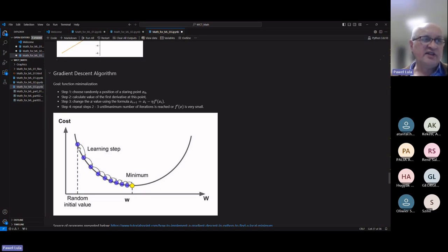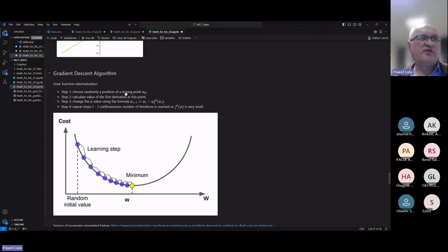We have no derivative on this picture, but this function is decreasing. So the first derivative is negative. If it is negative, it means that I should go to the right. And we have the same situation, and finally I should reach this point.